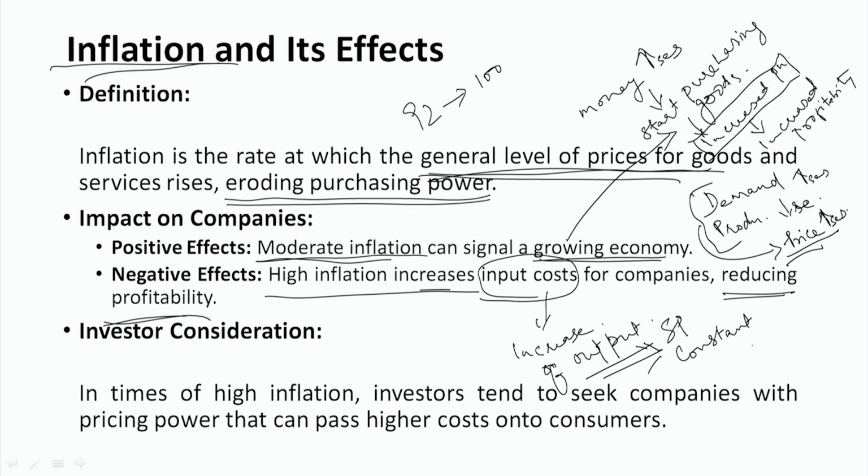So what will the investor think whenever there is inflation, whether it is positive or negative? Positive, there is no problem. When it is negative, the investors would always believe that the company will pass the higher cost to the consumers. Why do they want to pass it on to the consumers?